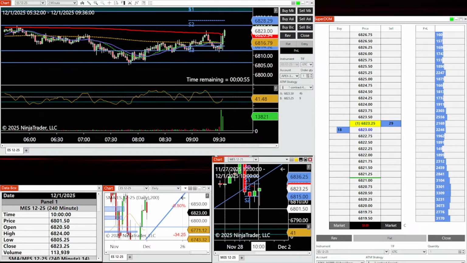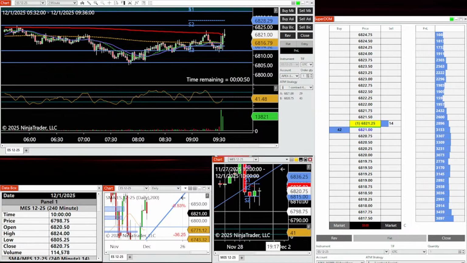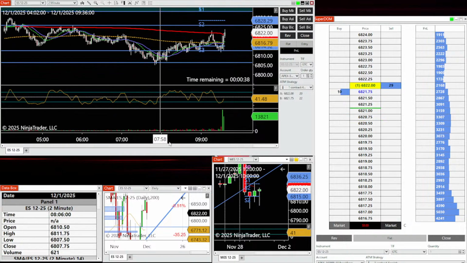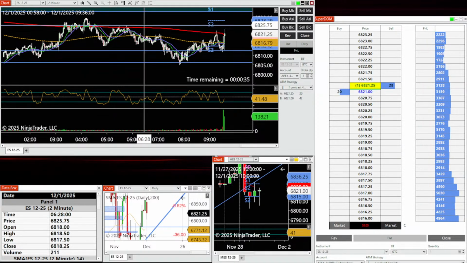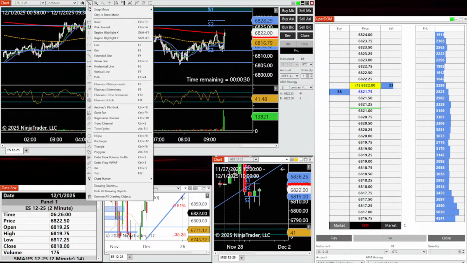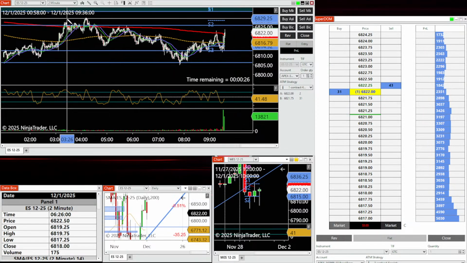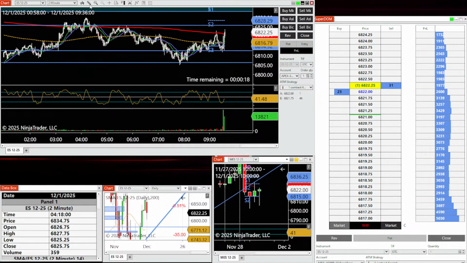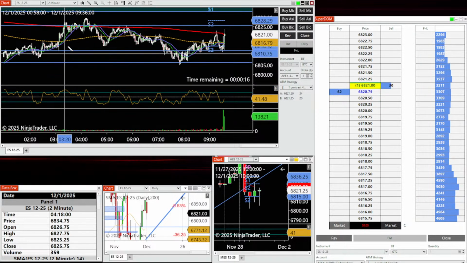It held 20, breaking up. Got this area here even up to 30. Then I want the horizontal line, the box, the rectangle.